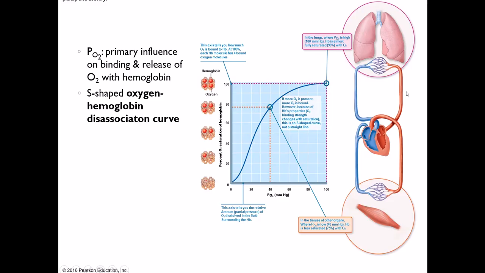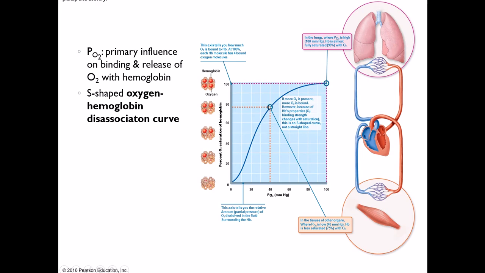And so we have this thing called the oxygen-hemoglobin dissociation curve. When we plot the partial pressure of oxygen against the percentage of oxygen that's bound to hemoglobin, the percent saturation of our hemoglobin, we don't get a straight line. What we get is this very S-shaped curve.